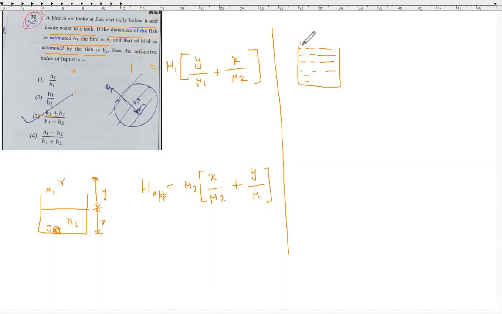Here is the bird sitting here. This is the bird and this is, suppose, the fish. And the distance the bird sees, at what distance? If the distance of the fish as estimated by the bird is h1, so h1 is the apparent distance.